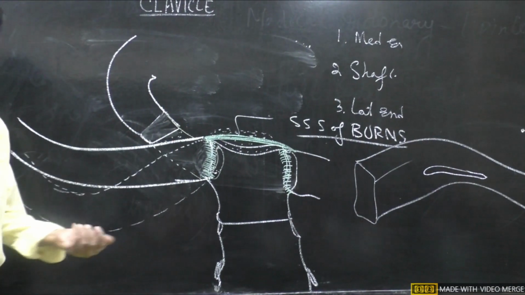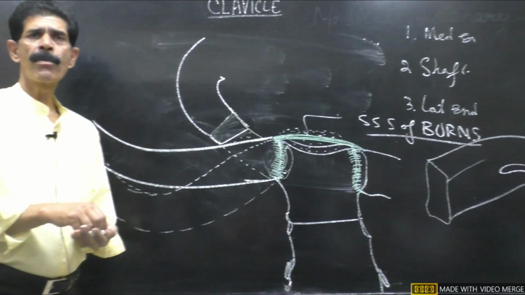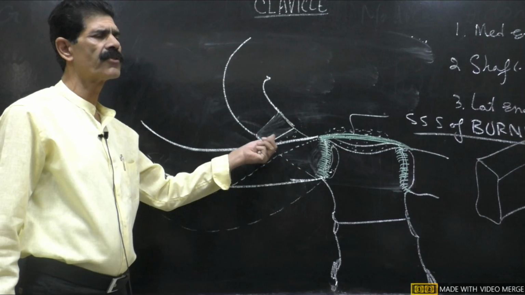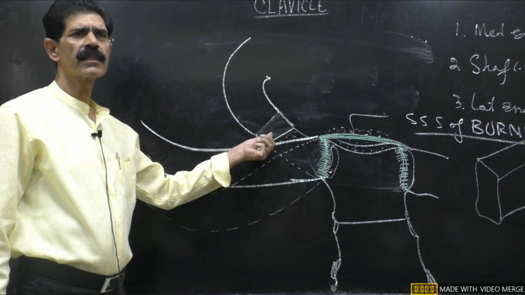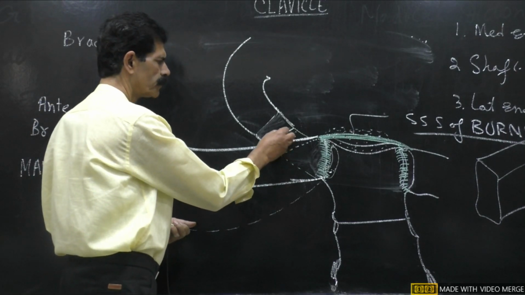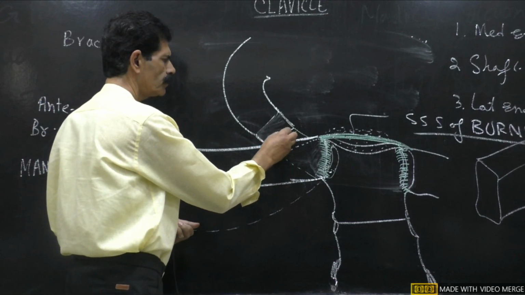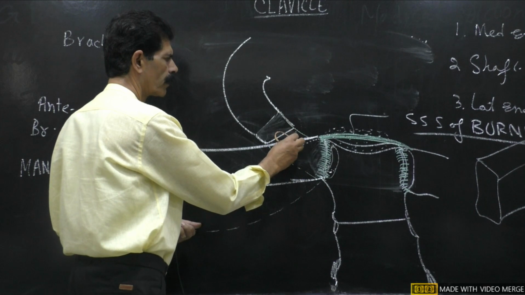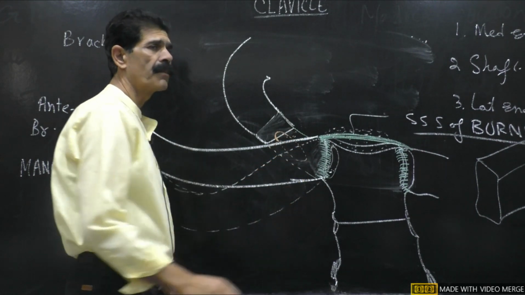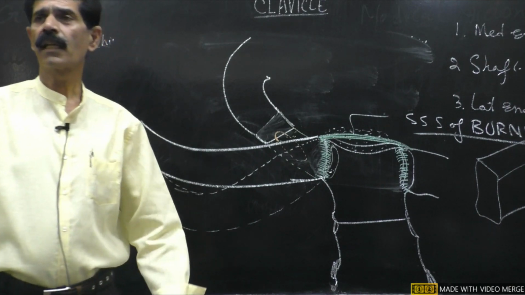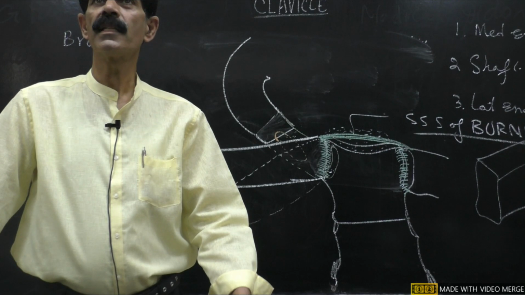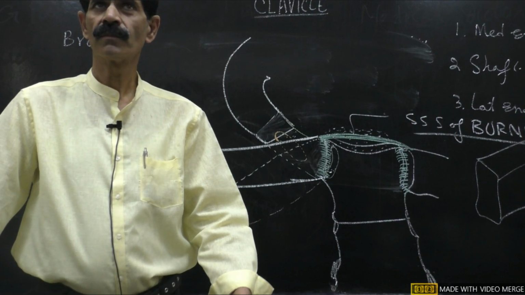And a muscle takes origin from the superior surface of the costal cartilage of the first rib and the adjoining part of the superior surface of the first rib. So somewhere here, and more on the costal cartilage, is the origin of subclavius. Sub means below the clavicle. Clavius means clavicle. So this muscle lies below the clavicle, so we name it the subclavius muscle.